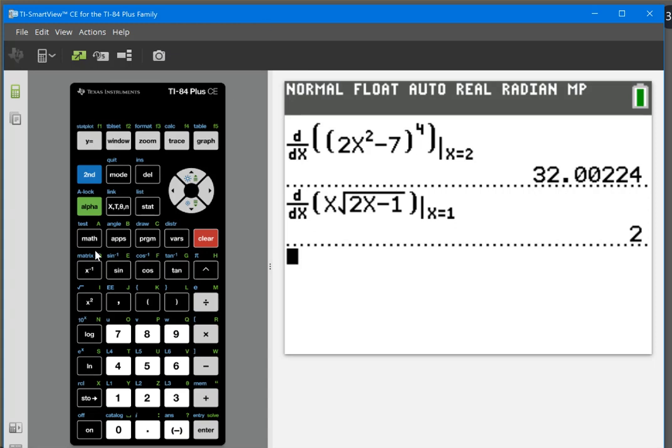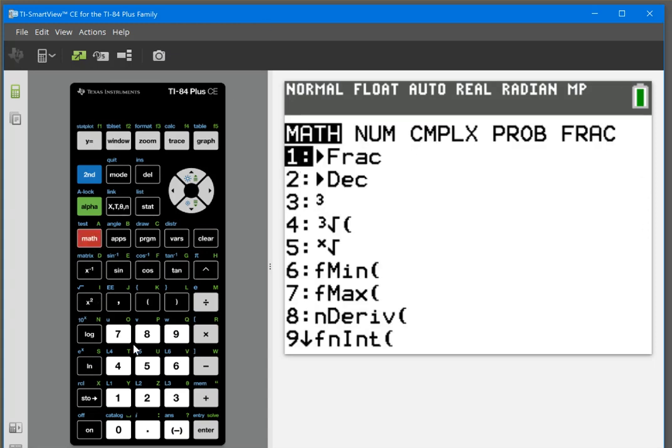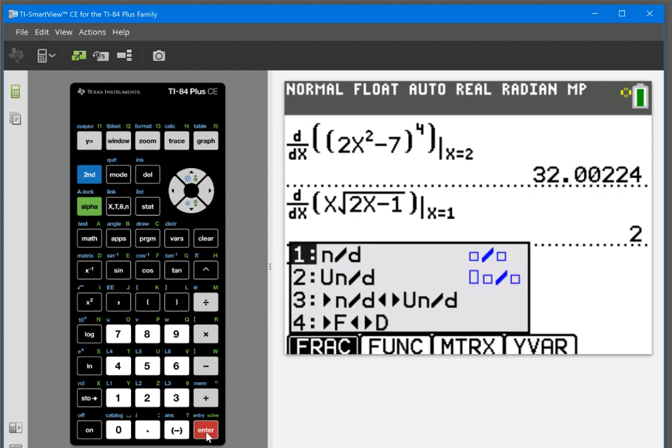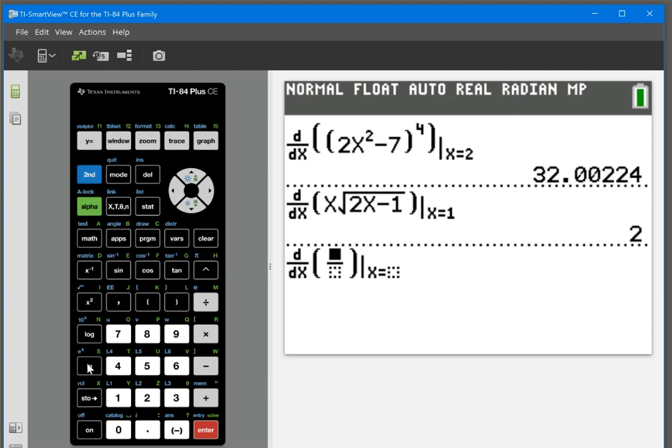I am going to take math 8 of ln of the cosine of x, that's alpha y equals, I'm going to bring up my fraction, that's the ln of the cosine of x. Now it doesn't matter if I'm in radians or degrees. It will when I put in my value.